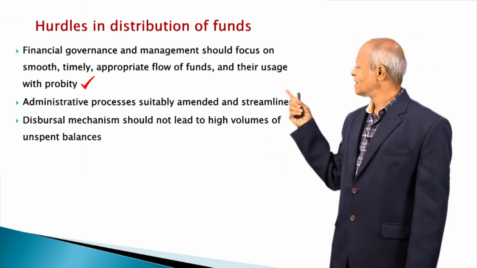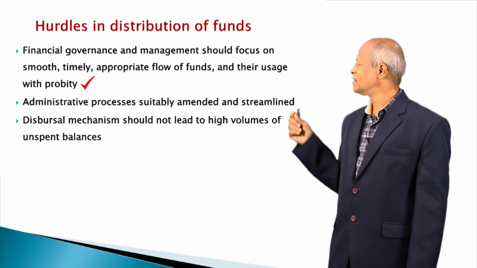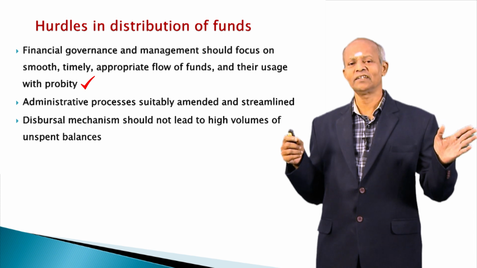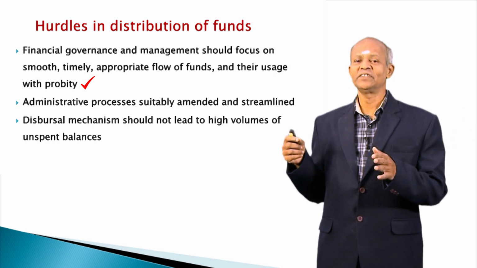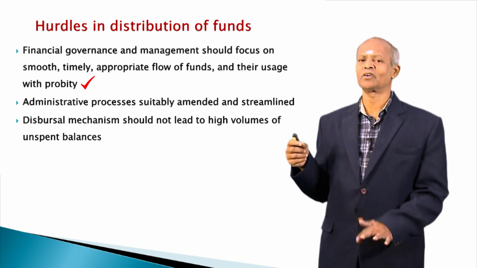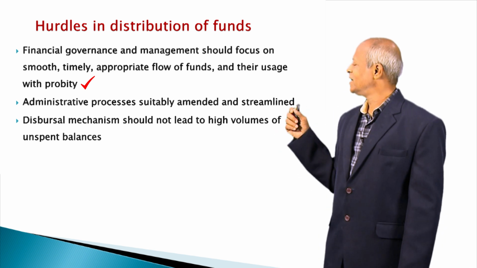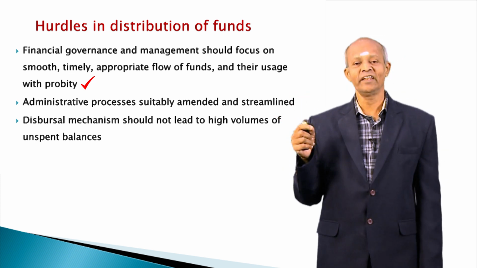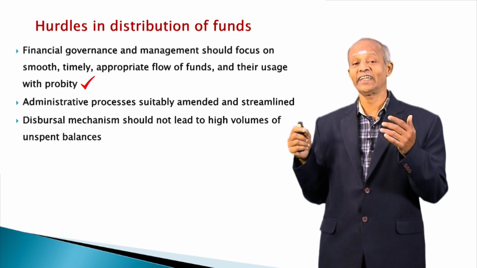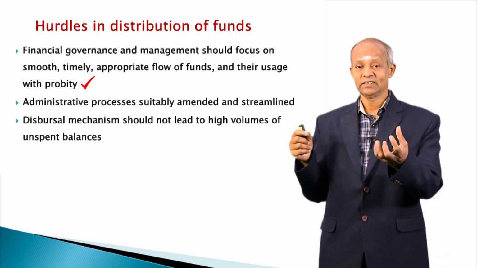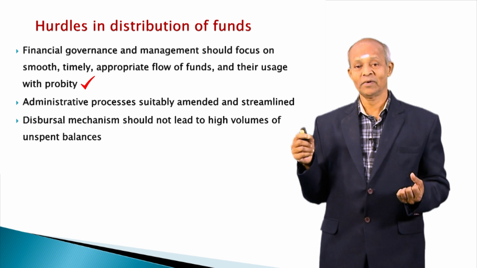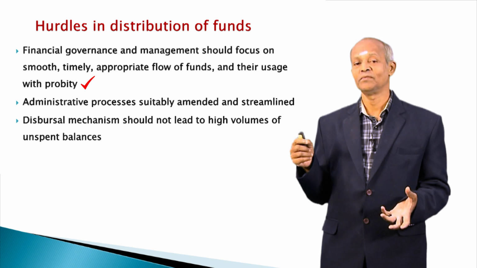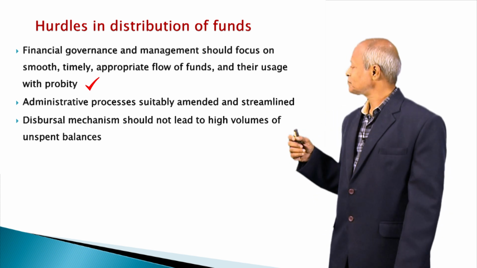And the financial governance and management should focus on being smooth. That means if the central government is releasing the fund, within a short time it has to flow smoothly, a timely, appropriate flow of funds and their usage with probity. Probity means honesty or integrity, because corruption or other inefficiencies should not happen.